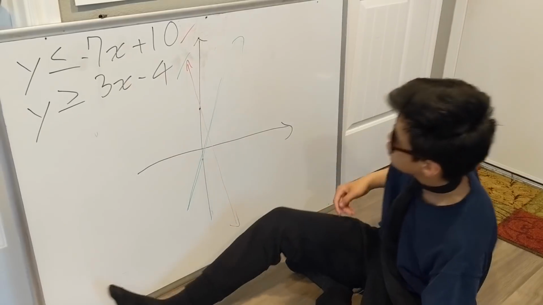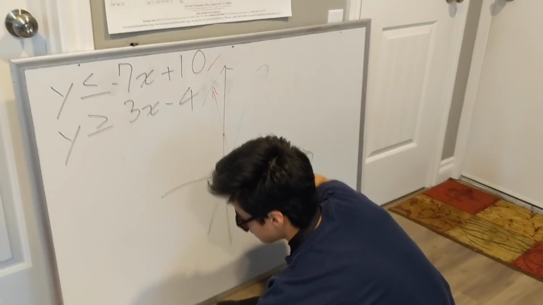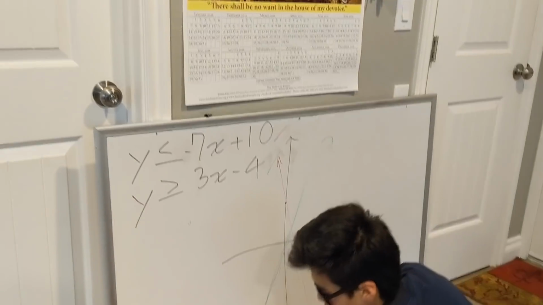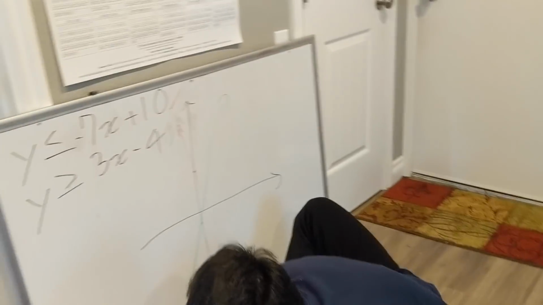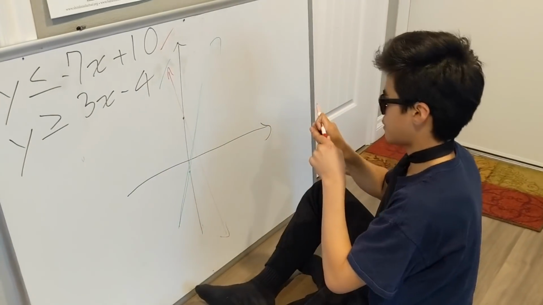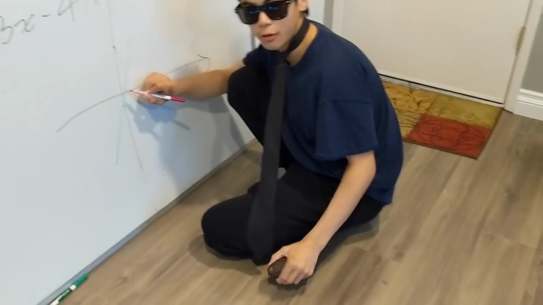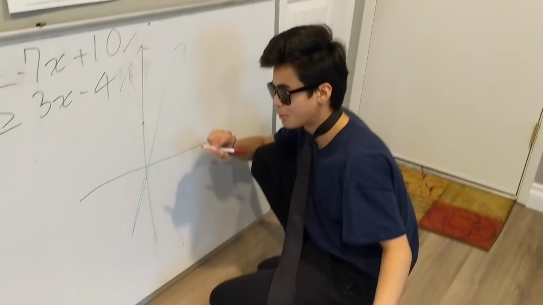Now we solve which way is true or correct. Solve for red first, for the red line. We can take the point 0, 0 and plug that into the inequality.